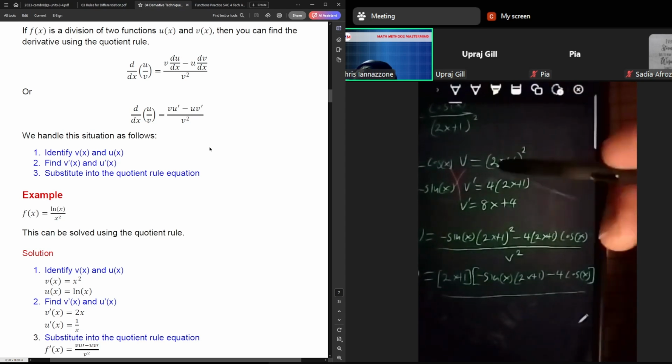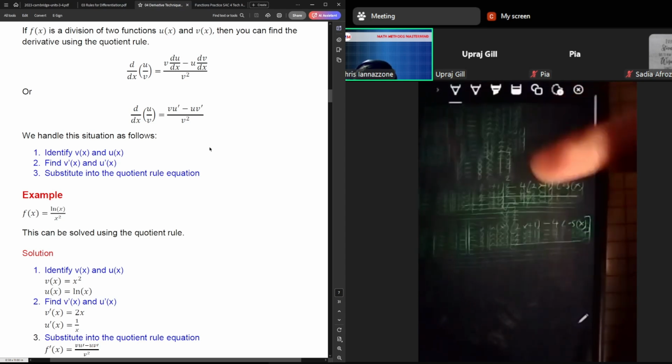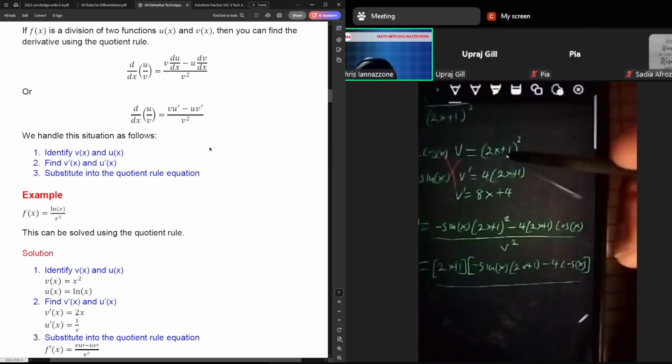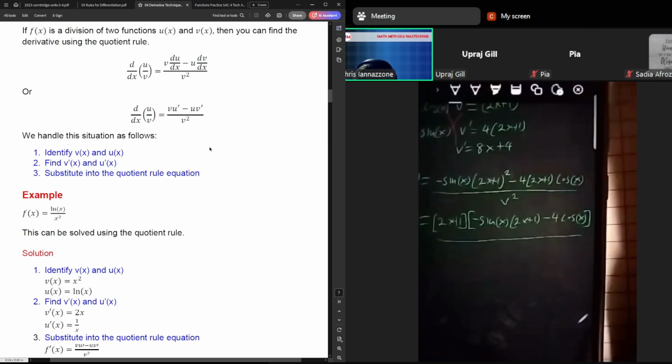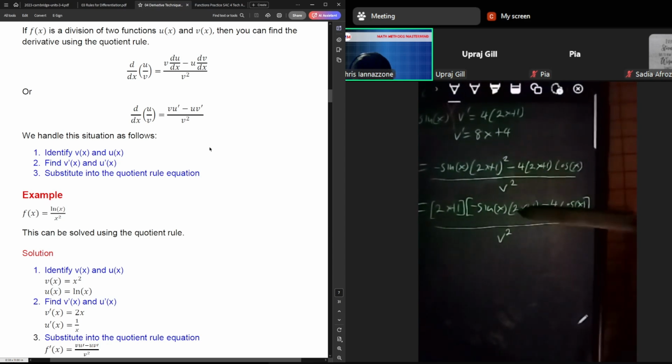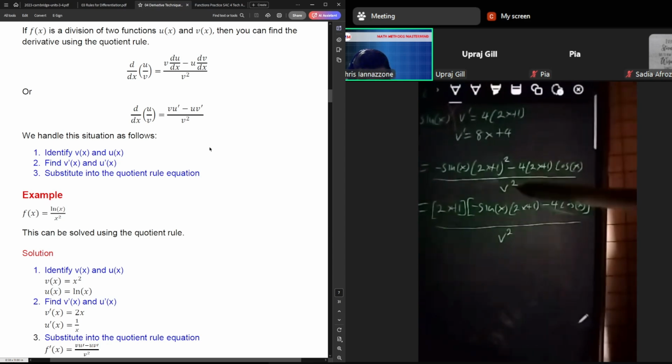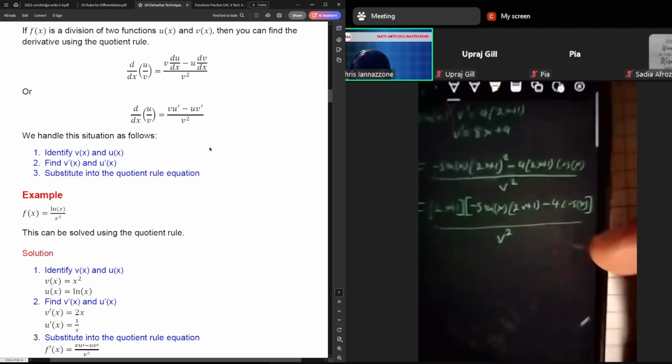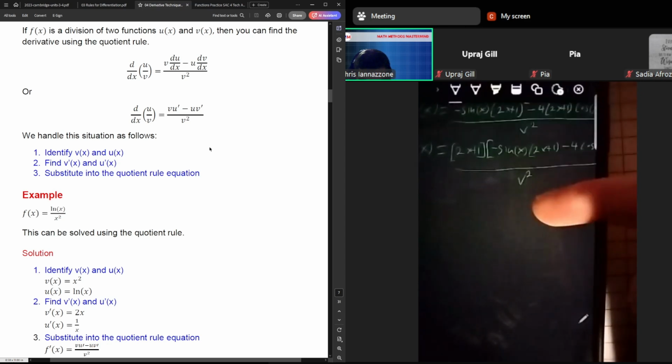Yes, there was a common factor, but we don't need to delete it immediately. Your v squared is going to be 2x plus 1 to the power of 4, which would cancel this out, but we'll still work on this first, which would just be expanding out the negative sine x through both of those, and only then will we chuck in our v squared.